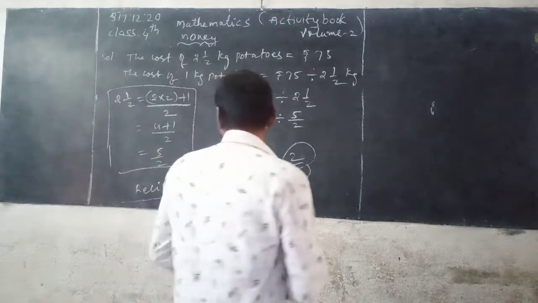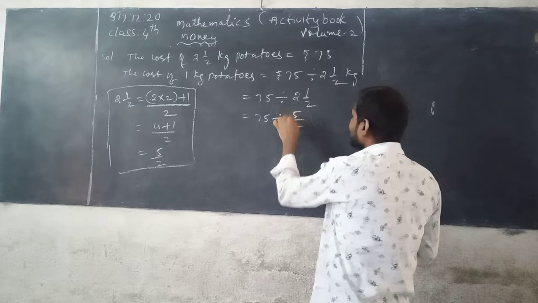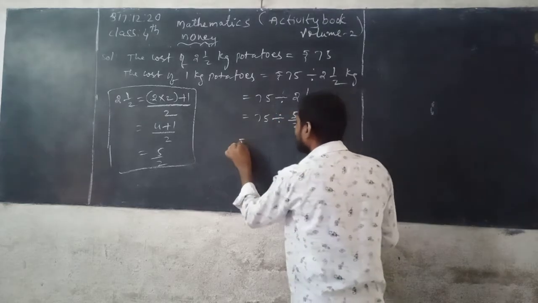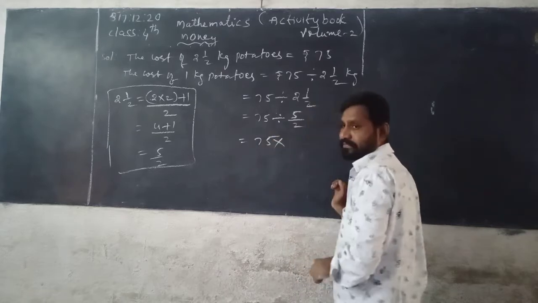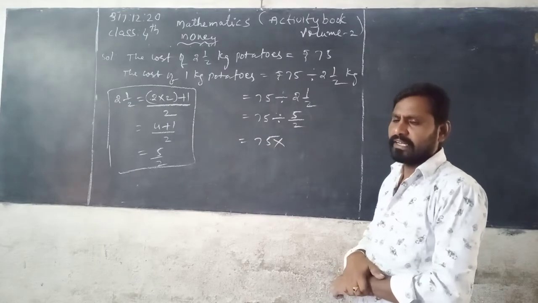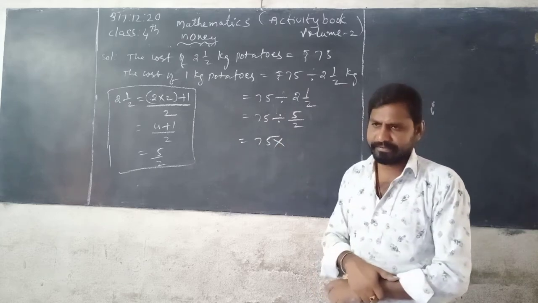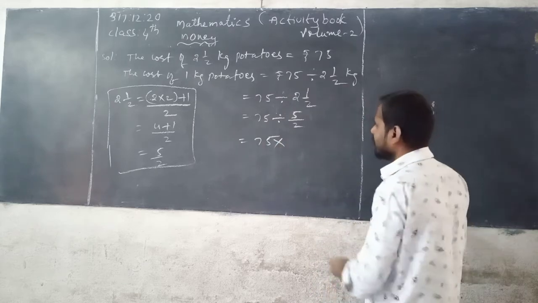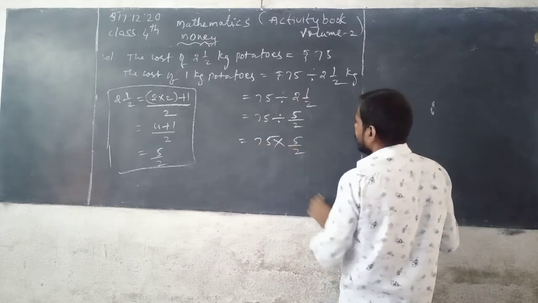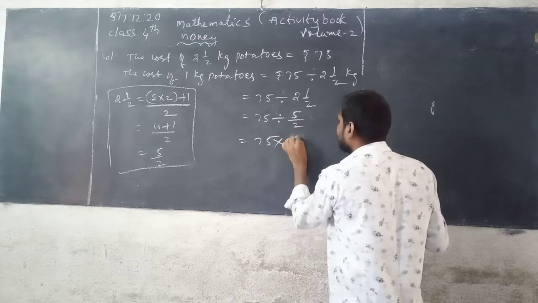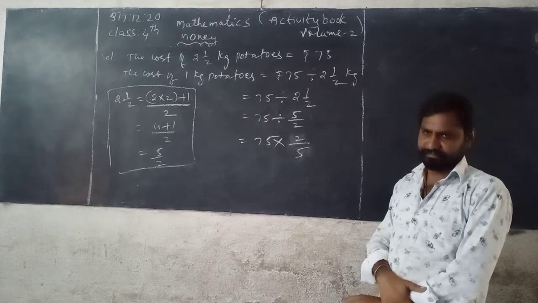So while you convert 5 by 2 into 2 by 5, the divide symbol goes to into. The divide symbol should be changed into the multiplication symbol. See here, 75 into 2 by 5. So 5 by 2 goes to 2 by 5.